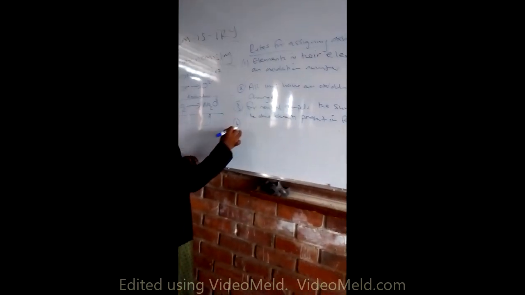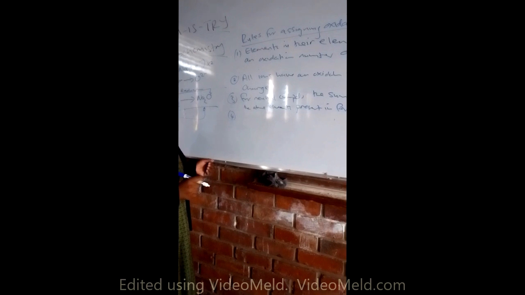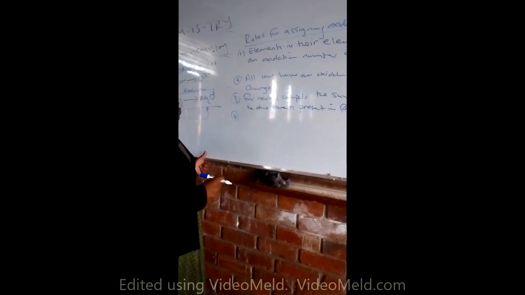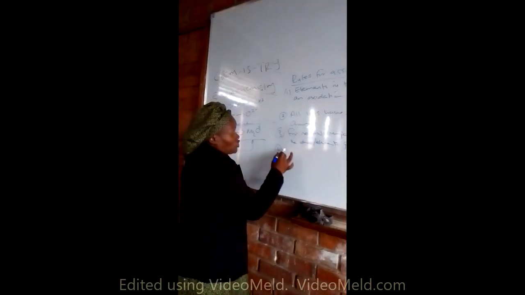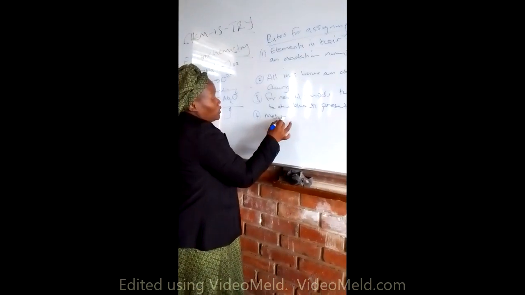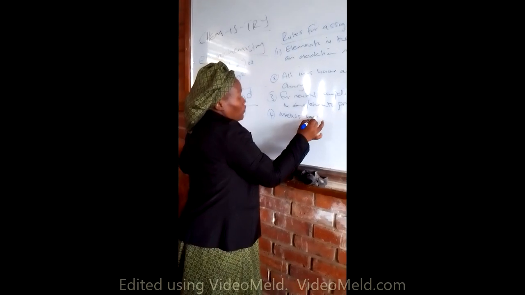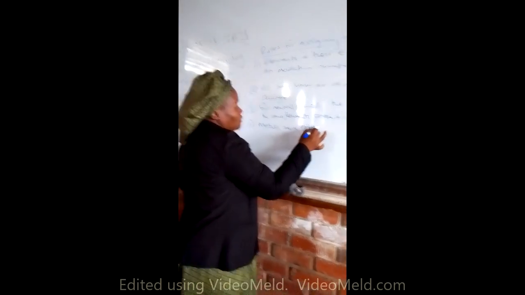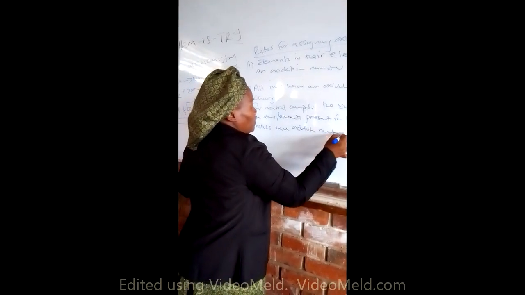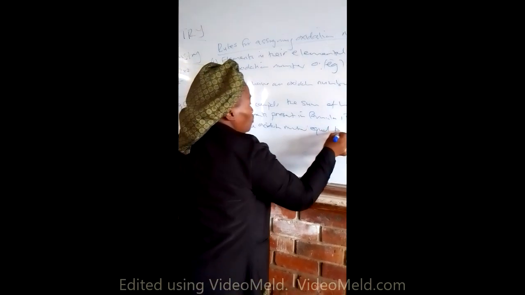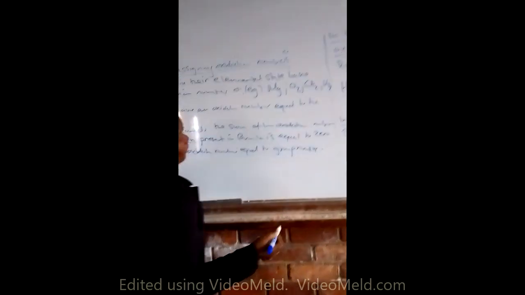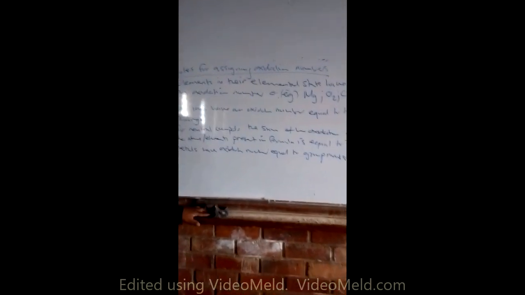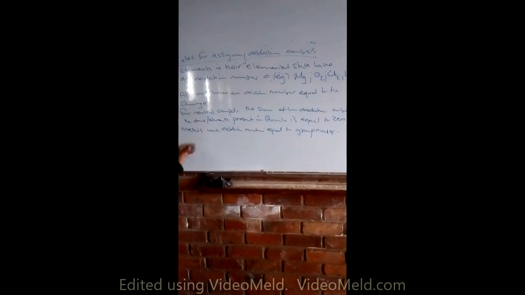Then for all metals, group 1, 2, 3 elements have an oxidation number equal to the charge. Metals have an oxidation number equal to the group number, because the group number is the charge they attain after losing electrons.